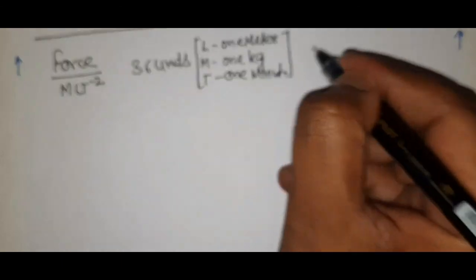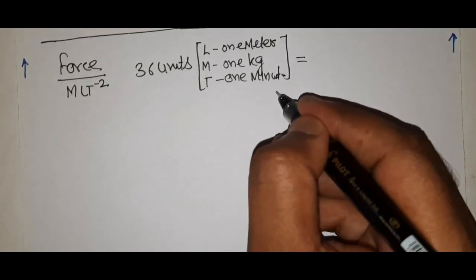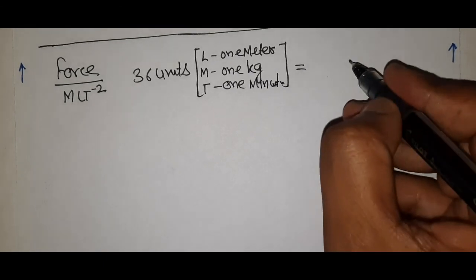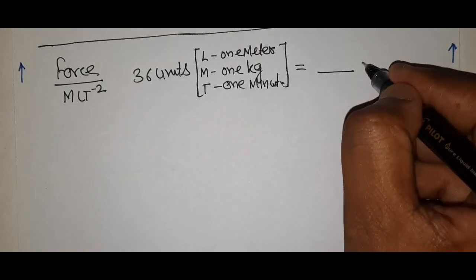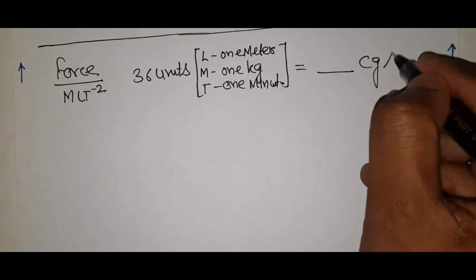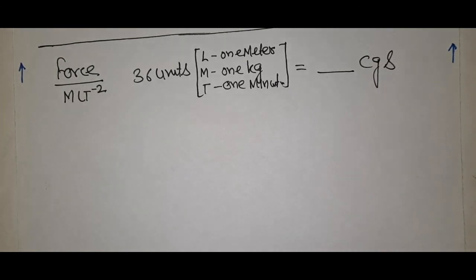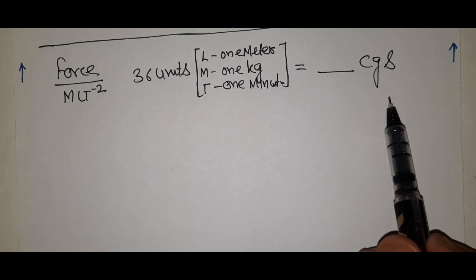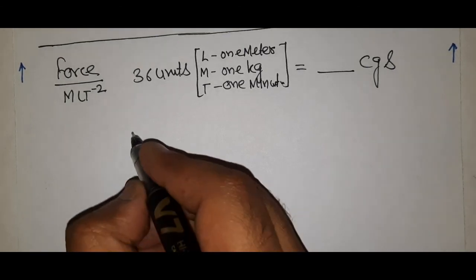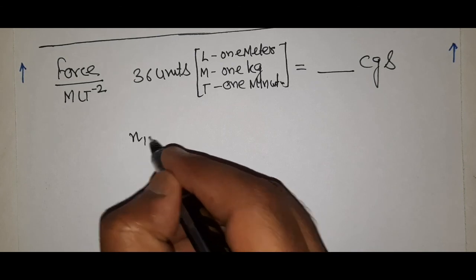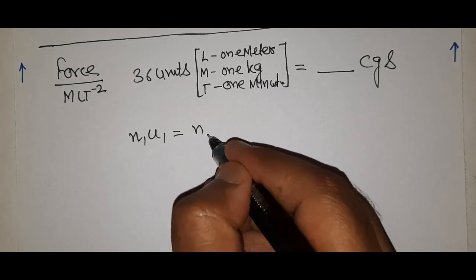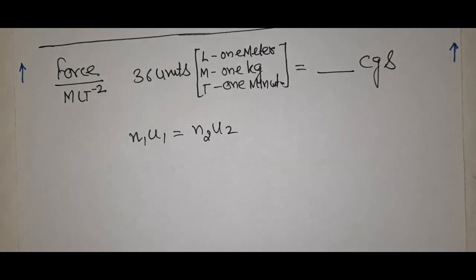And we are told to convert the force from this system to a new system, which is CGS. Same way we will proceed, that is N1 U1 is equal to N2 U2.